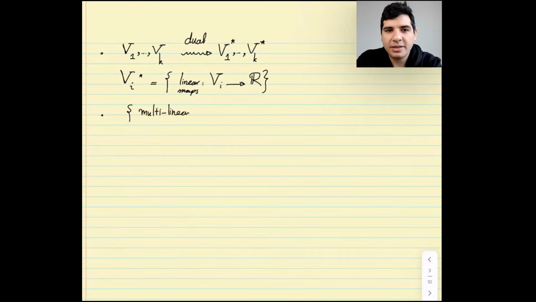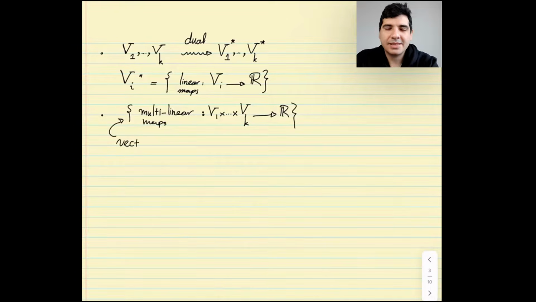Consider the space of multilinear maps from V1 times V2 times up to Vk to R. We have a notation for this space. Note that this space itself is a vector space.